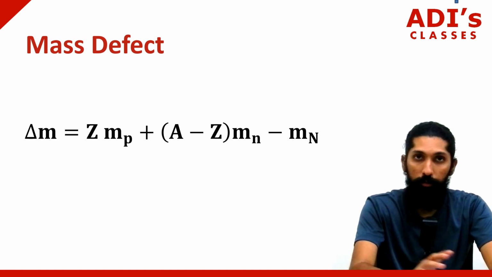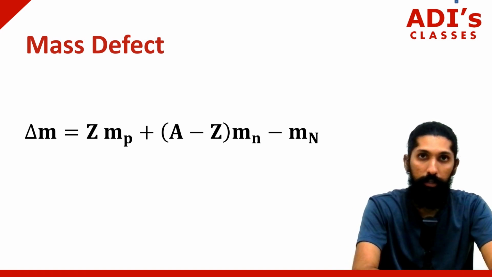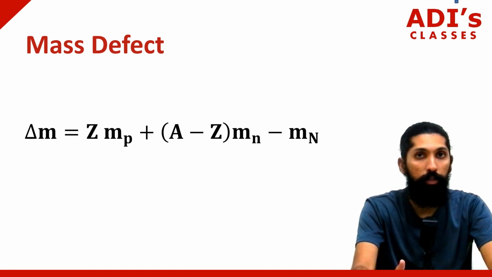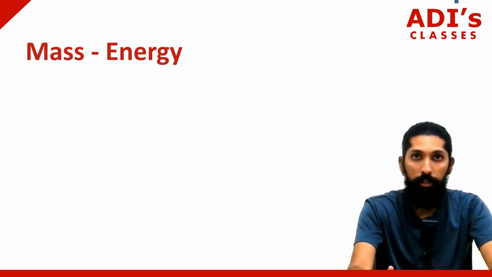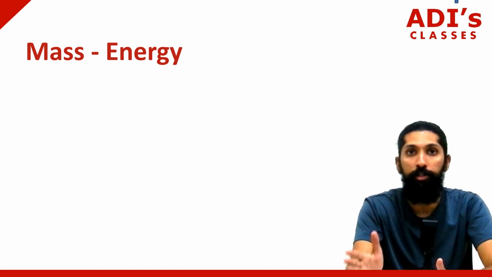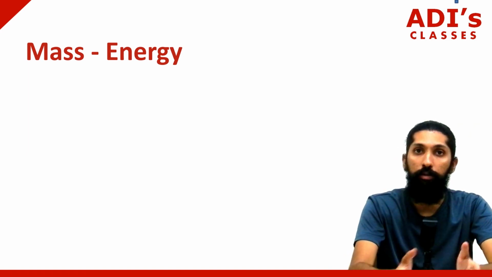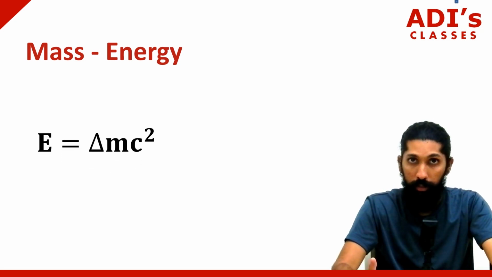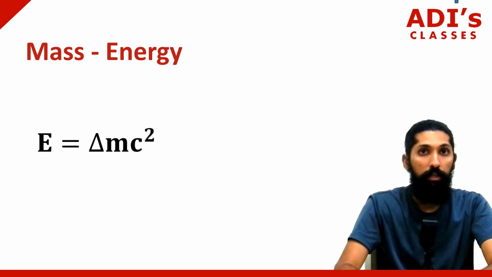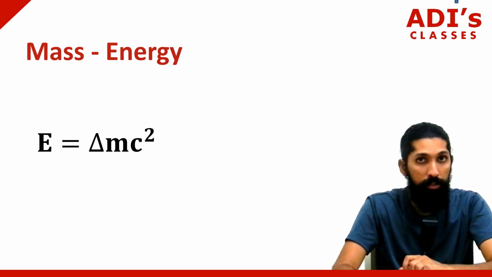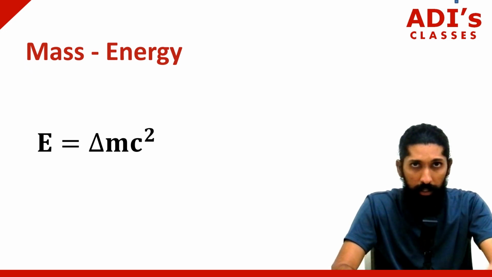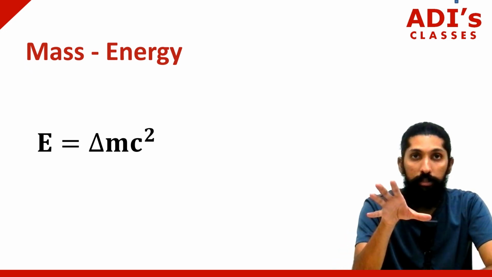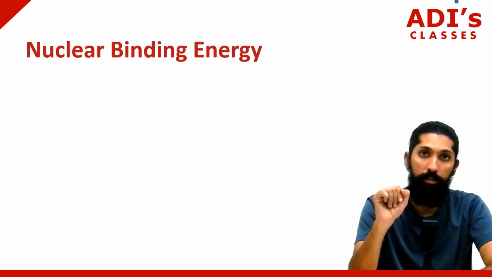How do we know that the mass defect is going to convert into energy? This is where Einstein's equation comes into the picture: E is equal to mc square. In this case, E is equal to delta m into c square, where delta m is the mass defect. That mass defect converts into binding energy.